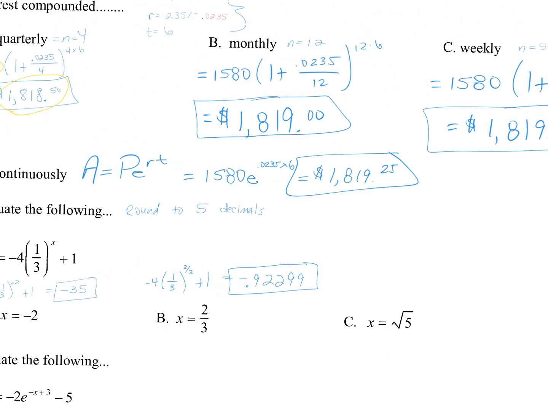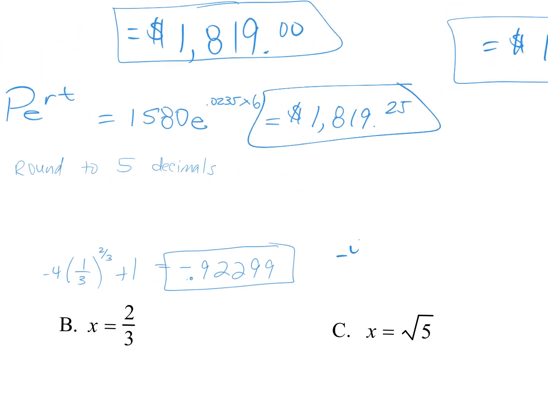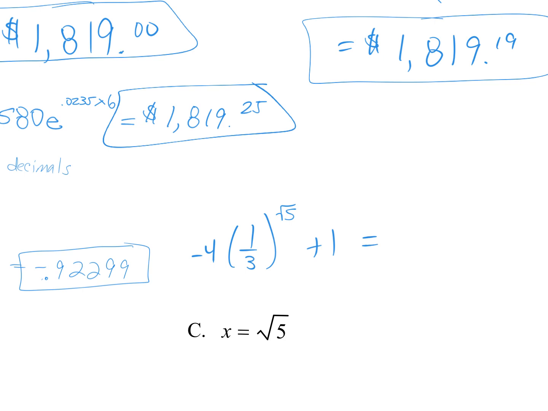And then for C, we're going to evaluate. Exact same thing. I have -4, I have my 1/3. But this time we're going to raise it to the square root of 5, and then add 1. Lots of people had some issues entering this in their calculators. So -4, parentheses, I have 1/3. I'm going to raise that to the square root of 5 power, and then add 1.